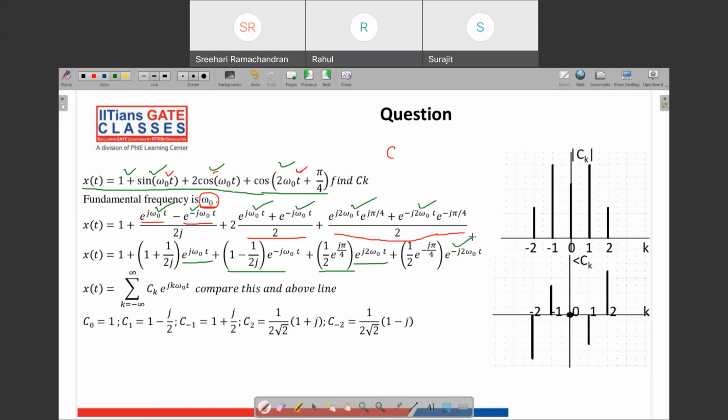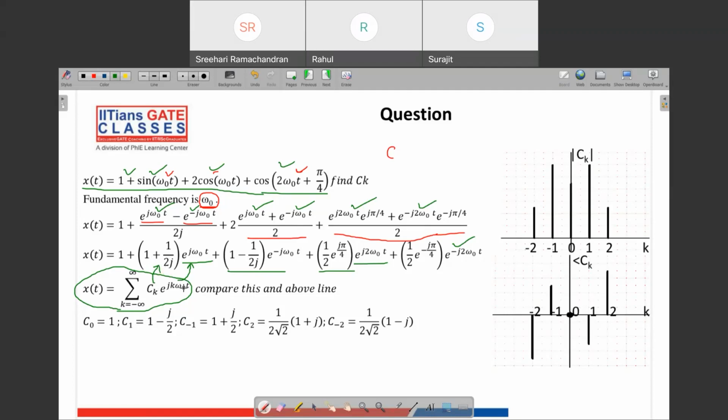Now, after having this, you just compare it with this Fourier series formula that we have. If you see this Fourier series, when you put k equal to 1, you are going to get this exponential, and this term, which is 1 plus 1 by 2j, is going to be your C1.